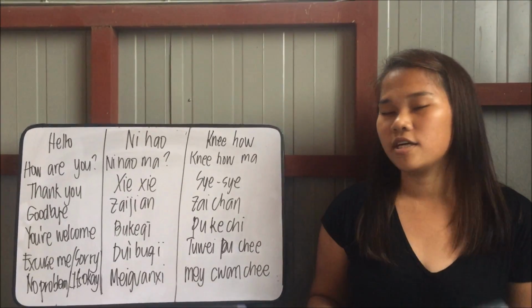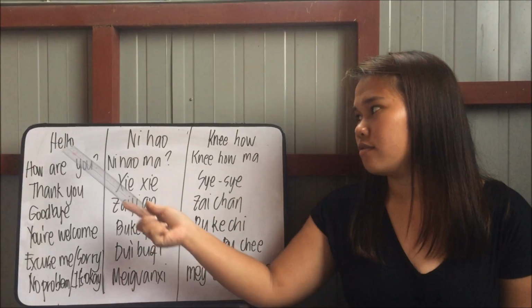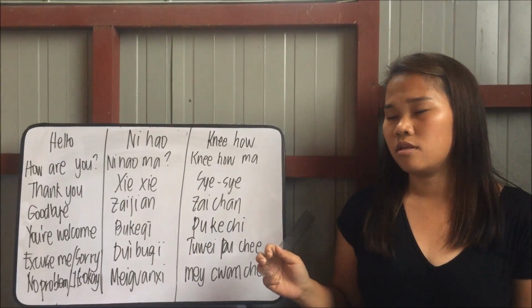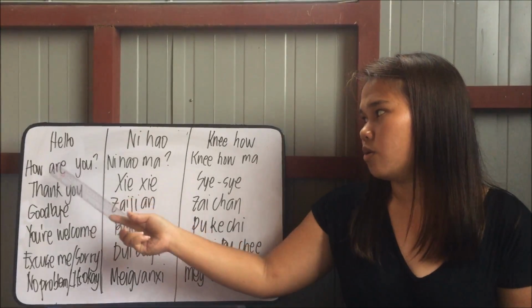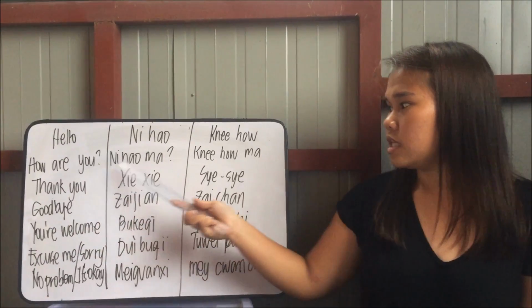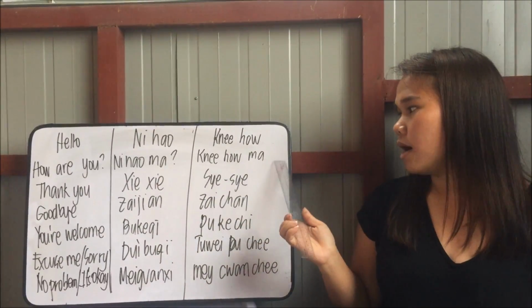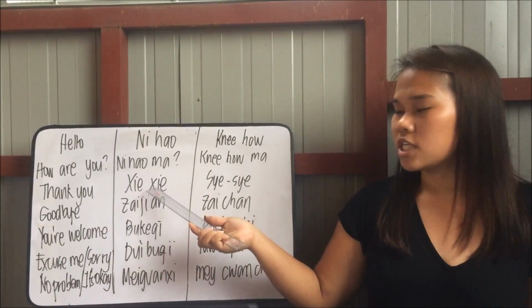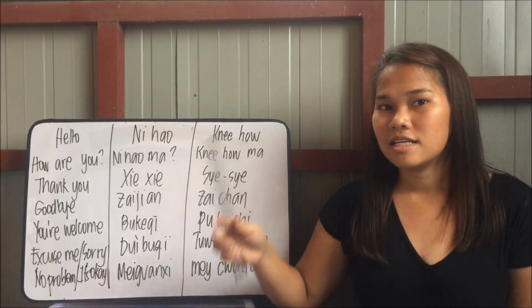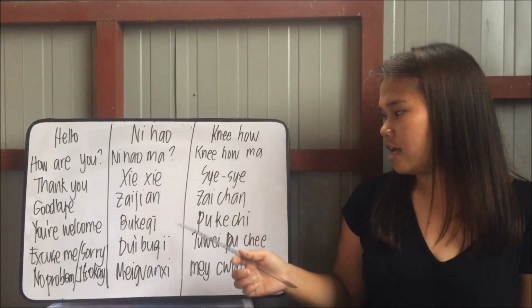So we have here different communicative functions. We have the English one, the pinyin, and this is how we pronounce it in Mandarin. Hello, ni hao. How are you? Ni hao ma. Thank you, 谢谢. Goodbye, 再见.